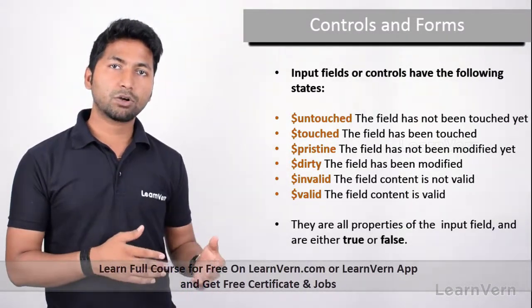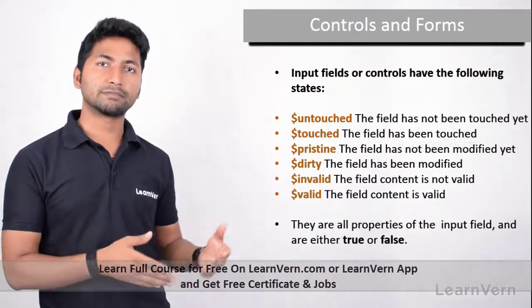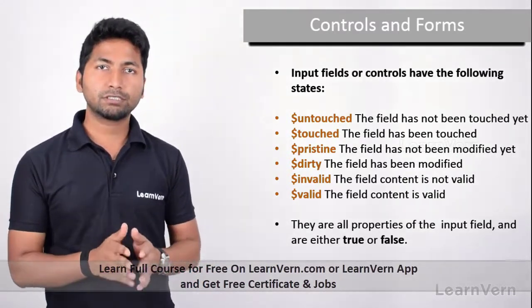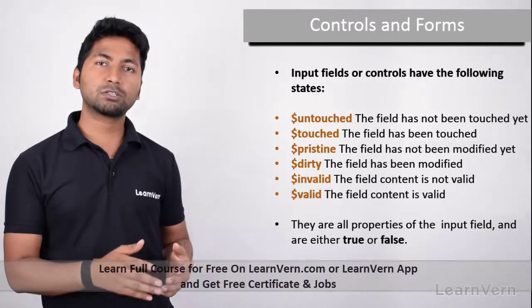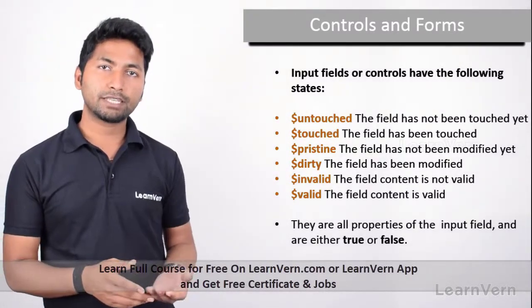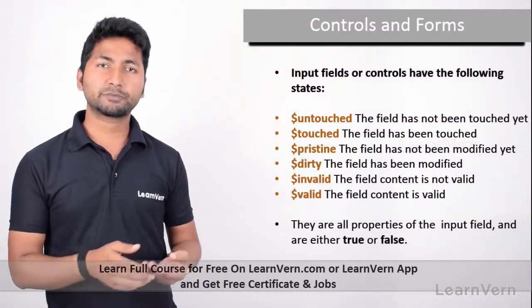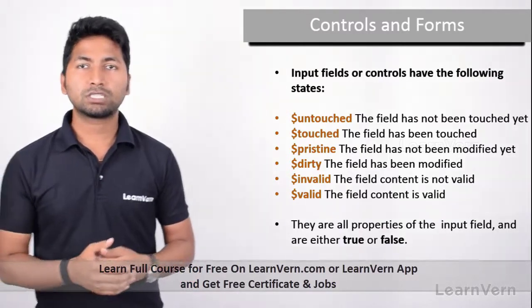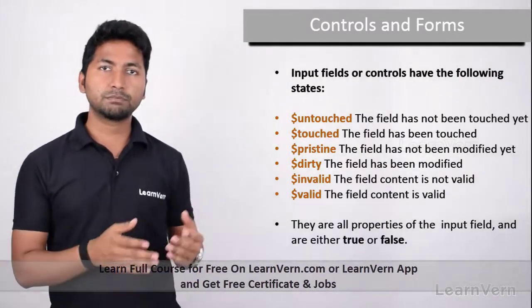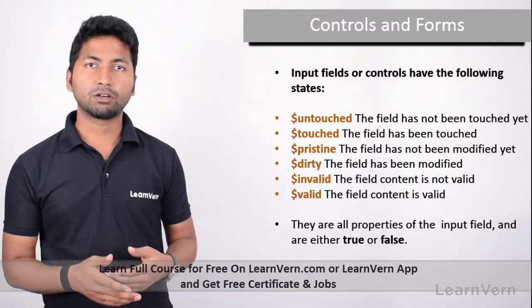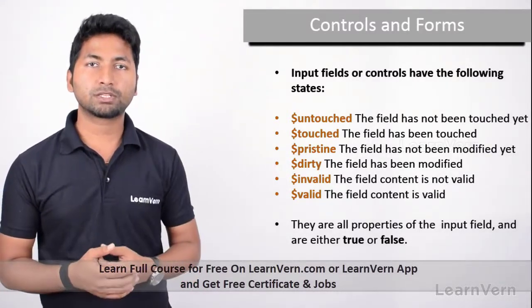So these are also provided for your form as well. So for form, when you are dealing with form, that form also has its own valid, invalid, touched, untouched, pristine and dirty states. So these are the states of your input and your form of your application, okay.